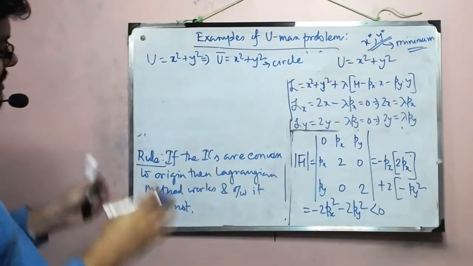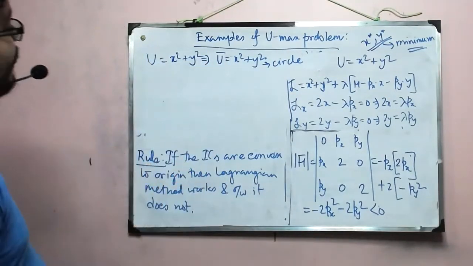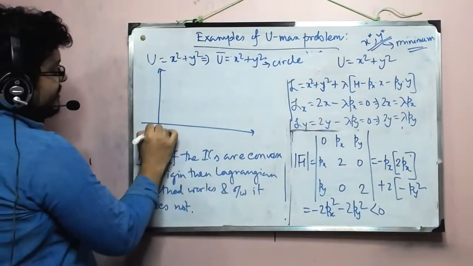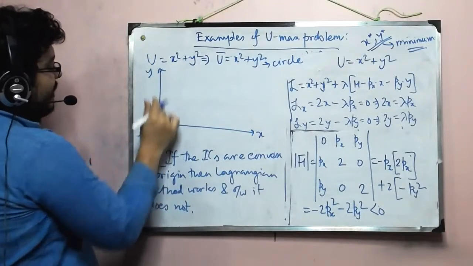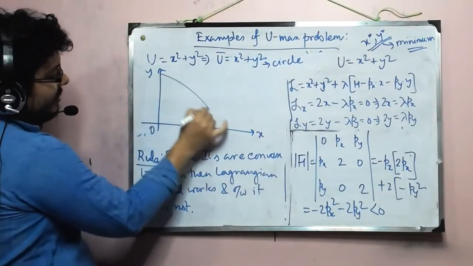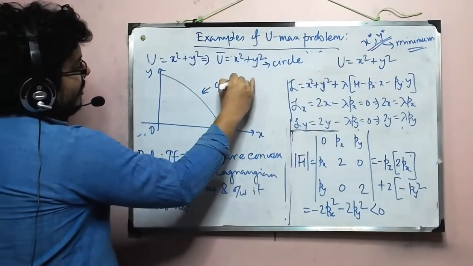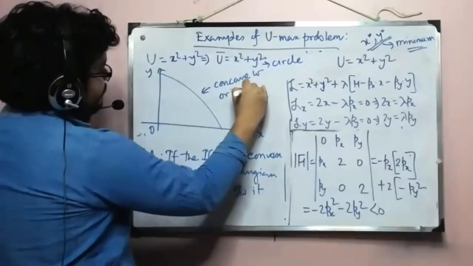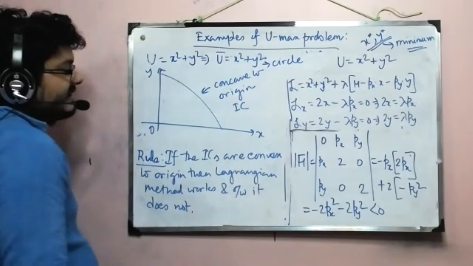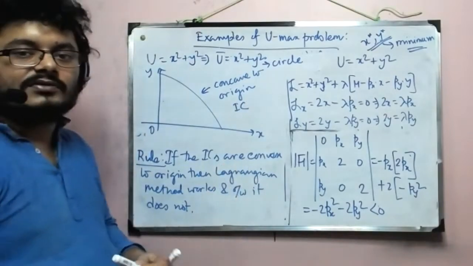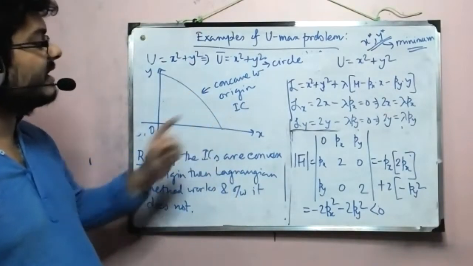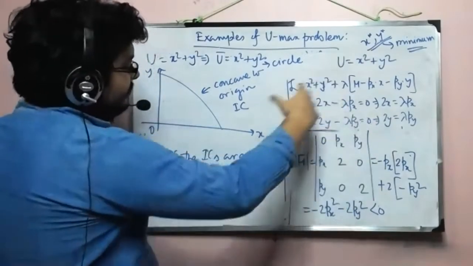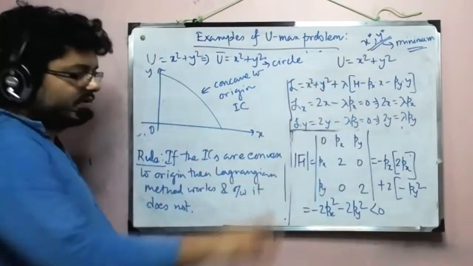Now, if I draw a circle centered at the origin, then my IC would be the shape that it takes in the first quadrant. In the first quadrant, a circle with center at the origin will be concave to the origin. So the shape of my IC is now concave to the origin. Now if that becomes the case, as we know, the Lagrangian method doesn't work. Okay, so it fails there.